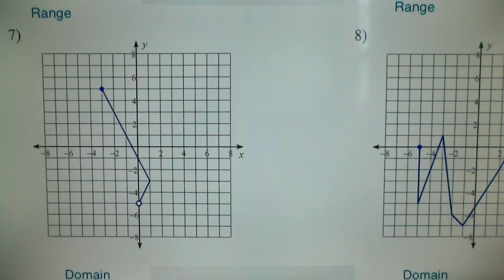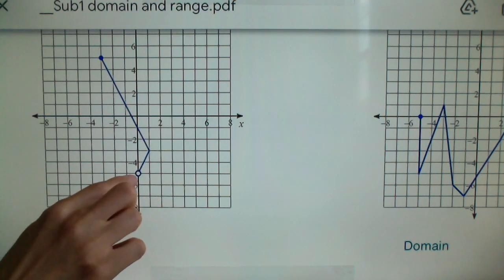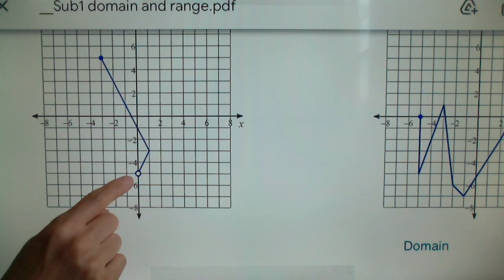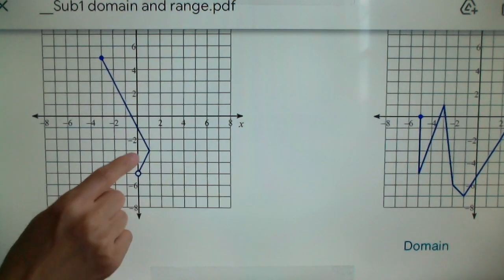But here, let's see. If you see the range, there is one open space. Where is it? Here, that's open. But if you see the domain part, they are all closed, right? One more time. It looks like this is open, but if you look at the top, this is closed.